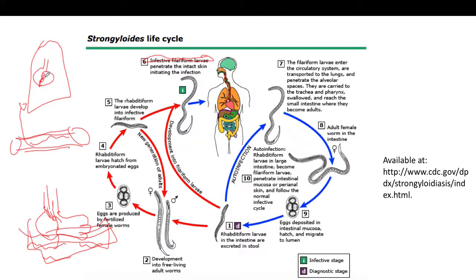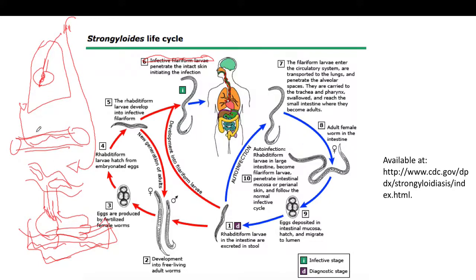From there, the larva is going to ascend, and when it reaches the larynx, the host is going to swallow it so that it goes to the intestine, to the bowel, where the adult form of this parasite is going to live. This process, by which the larva travels to the alveolar sacs, goes to the larynx, gets swallowed, and then reaches the intestine, is called autoinfection.